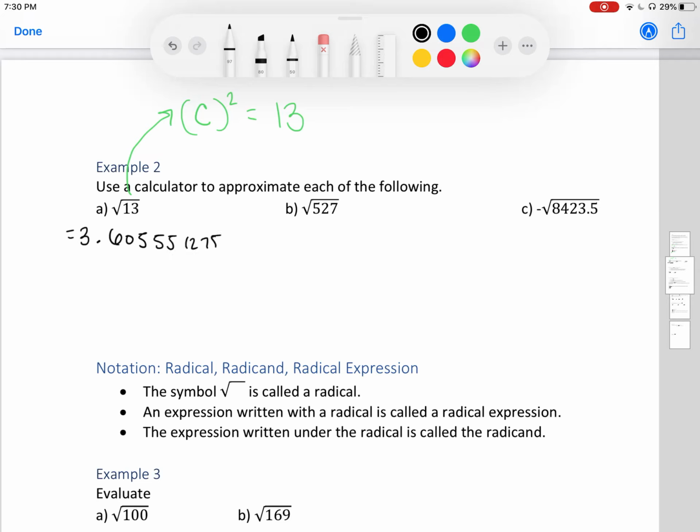You don't want to write that many numbers, so why don't you round to maybe two decimal places? So 3.6, and then to round to two decimal places, look at the next number. Let's just practice punching it into our calculator, and the answer is 2.95.